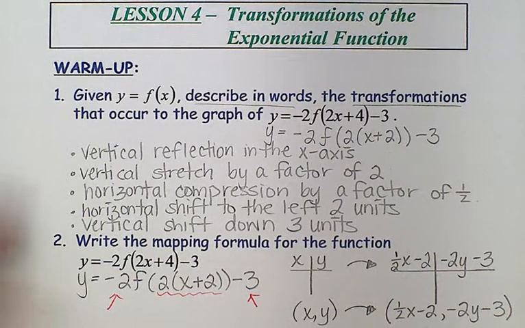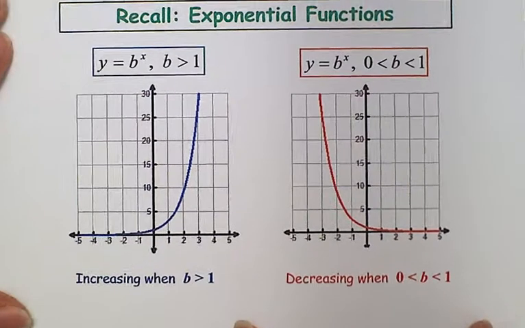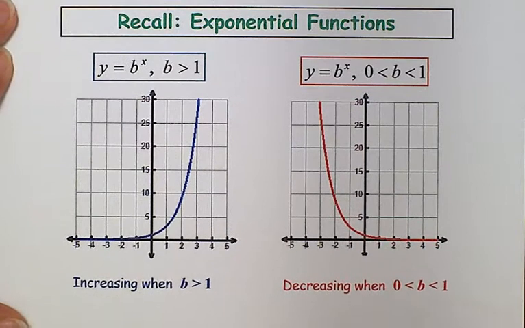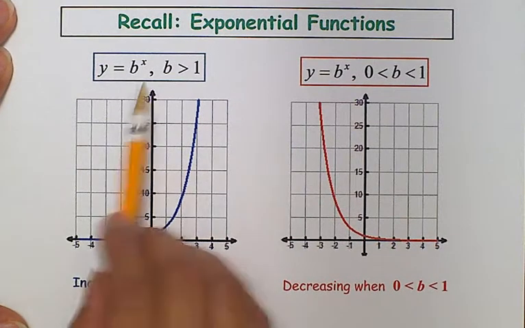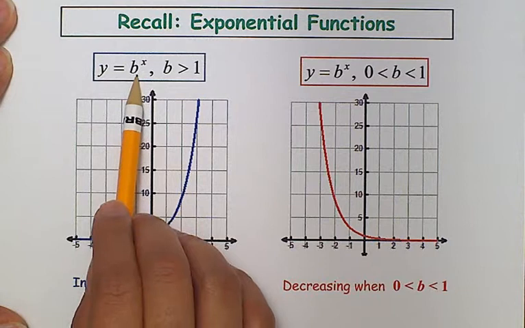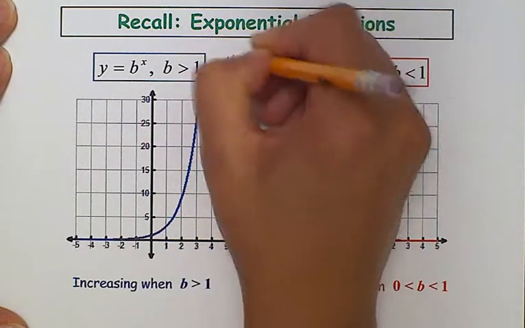Okay, so we're going to be looking at exponential functions today. So just to remind you of some of the things that we talked about so far in terms of exponential functions, we know that when you have an exponential function where the base is greater than 1, then that means that the more you multiply that value, the larger the value gets. So for example, picture something like y equals 2 to the exponent x.